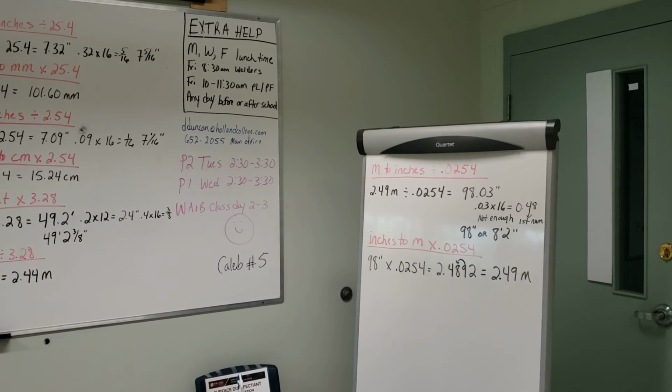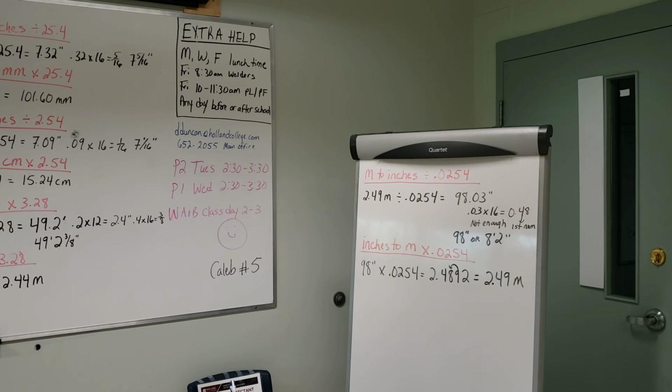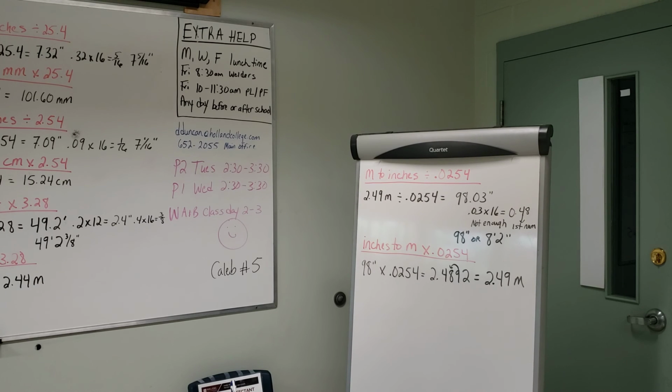We have meters to inches. We are dividing by 0.0254. So 2.49 meters divide by 0.0254. We get 98.03 inches. So we have inches and decimal parts of an inch here.